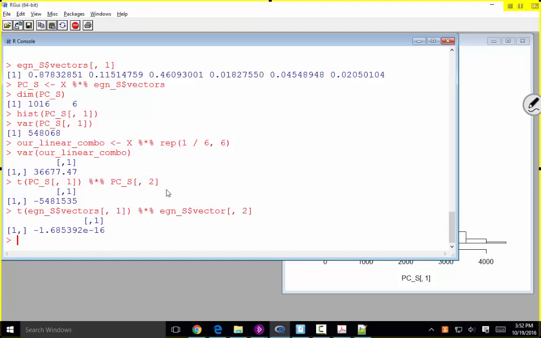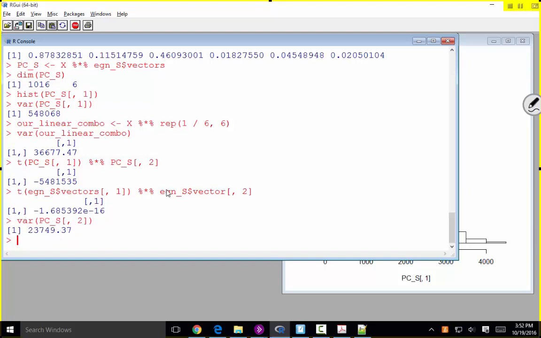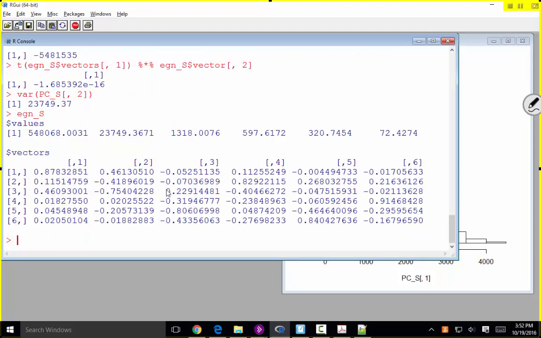And the variance of the second principal component is equal to the second eigenvalue of S. Something we saw way back in the beginning is that the sum of the eigenvalues of a covariance matrix equals the trace of the covariance matrix.